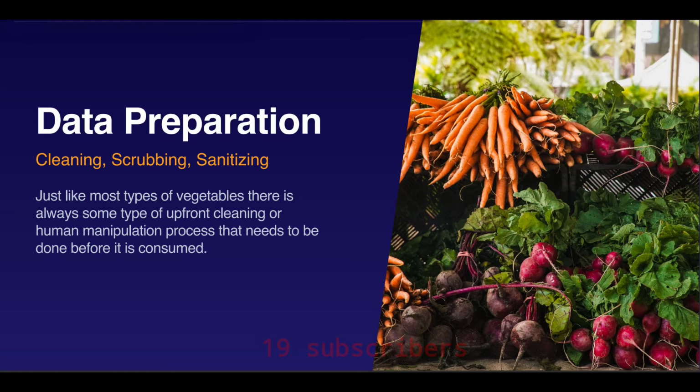The reason that we do this is because machine learning algorithms like numbers, they like math. And since a lot of our data is text based, sometimes we need to convert those to numbers. Sometimes we need to handle values that are missing, and sometimes we need to find inaccuracies or outliers upfront. So our machine learning models can make the correct predictions with the data that we give it.